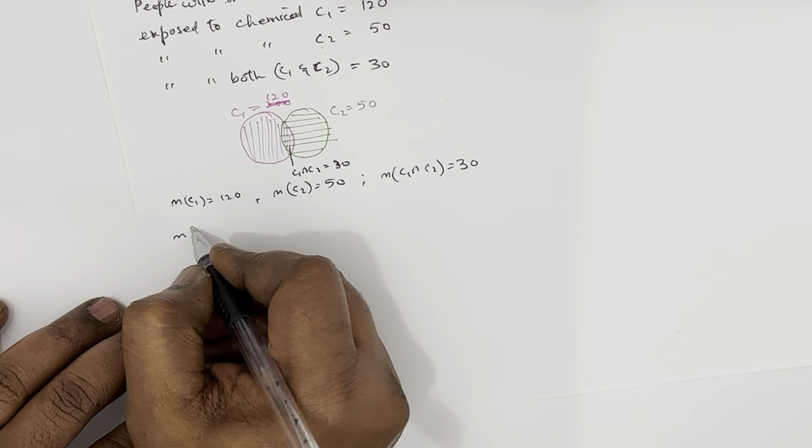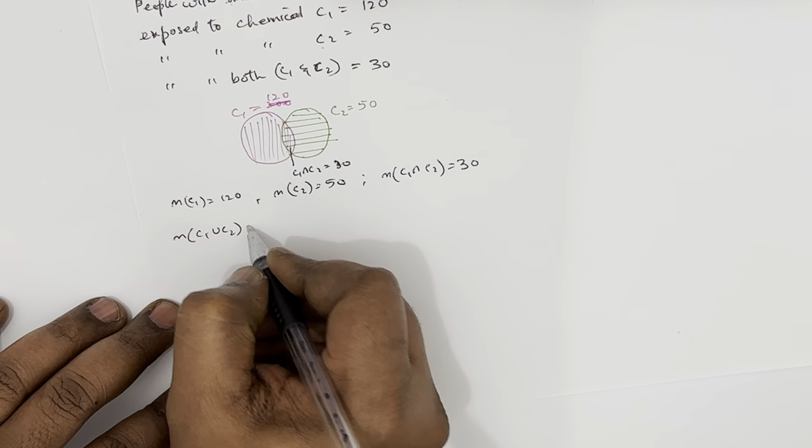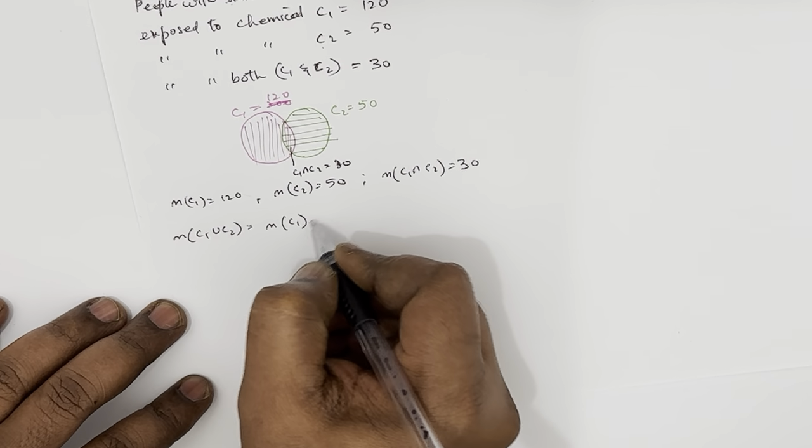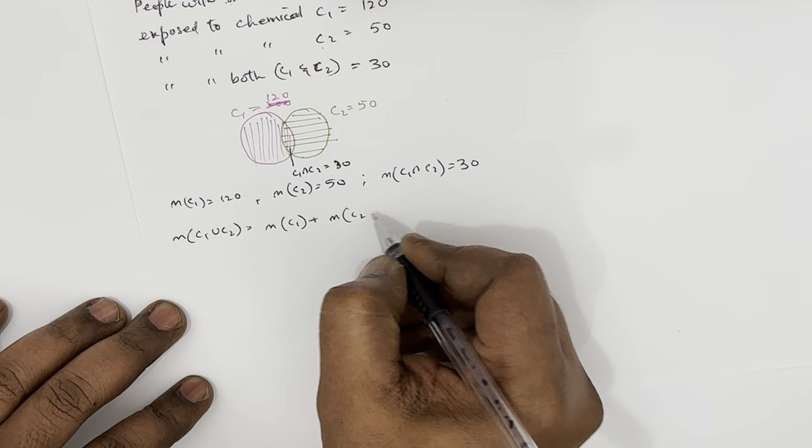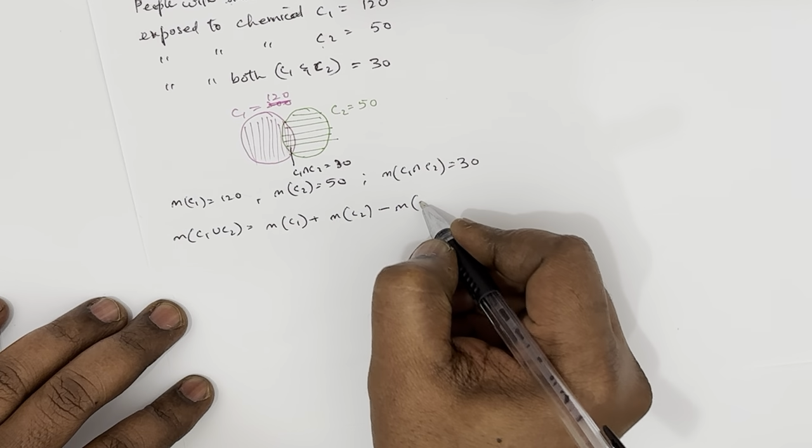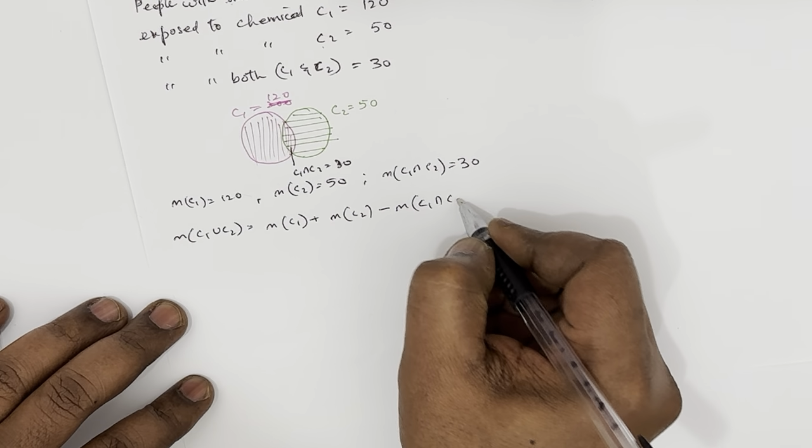According to the formula, n of C1 union C2 equals n of C1 plus n of C2 minus n of C1 intersection C2.